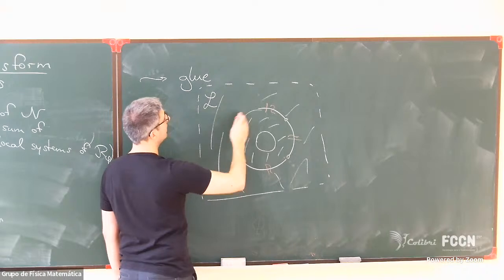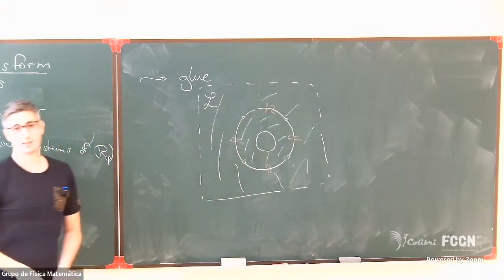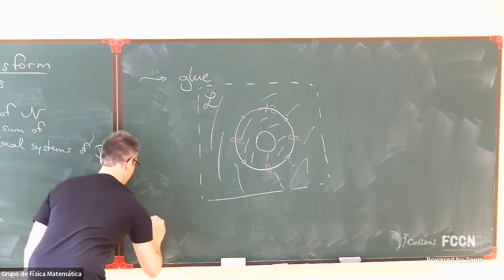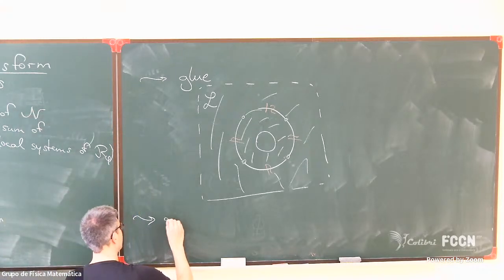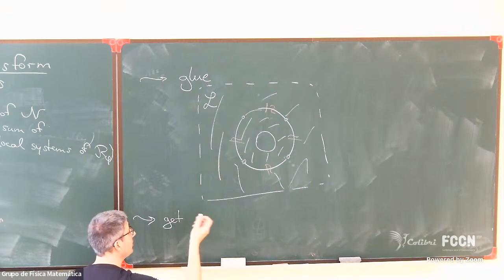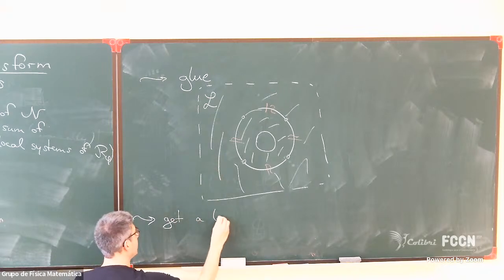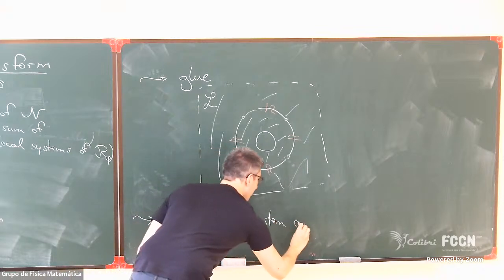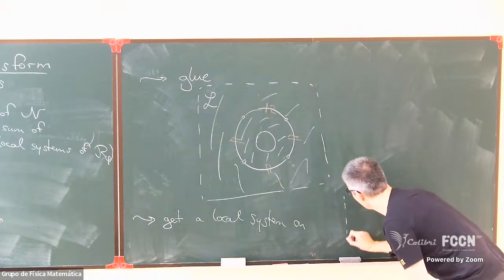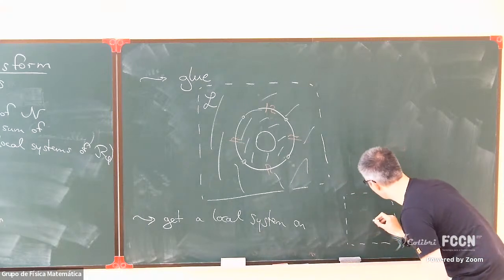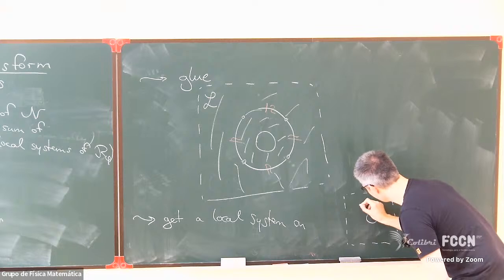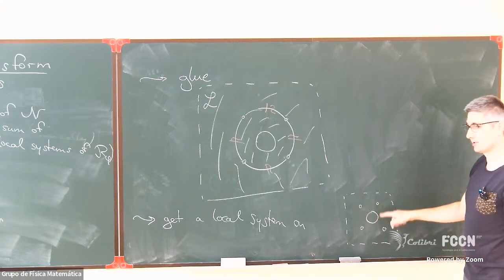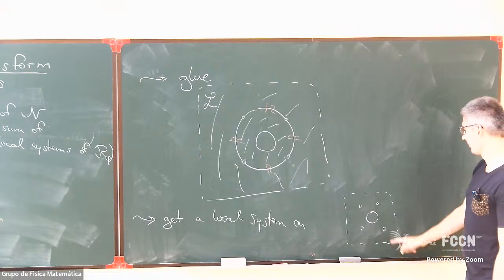The formal local system and the local system of actual solutions here are glued to one local system on this a bit modified space. So we get a local system on the space that looks like this. So it's a punctured plane minus some more punctures that correspond to the anti-Stokes directions.